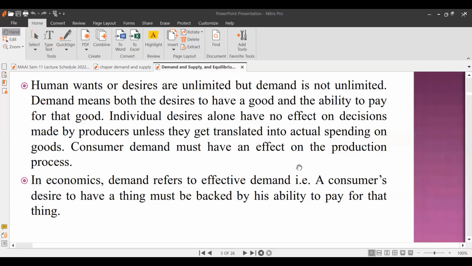Say, for example, if we consider a very simple example, you may have different desires to purchase different vehicles like the Lamborghini, Ferrari. So there may be different types of brands, the superior brands. But if you don't have enough money to purchase, if you are not wealthy enough to purchase those things, then there will be no effective demand.